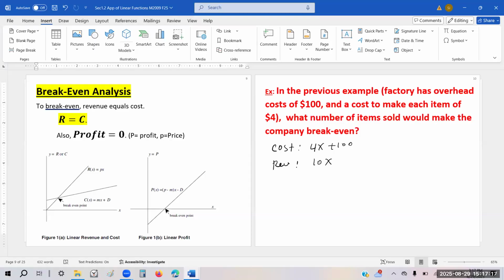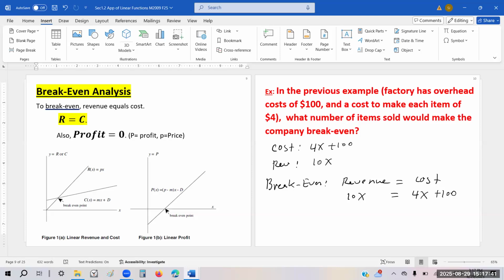Good. We know break even is when revenue equals cost. So make them equal. Our break even is when revenue equals cost. Revenue is 10x, cost is 4x plus 100.